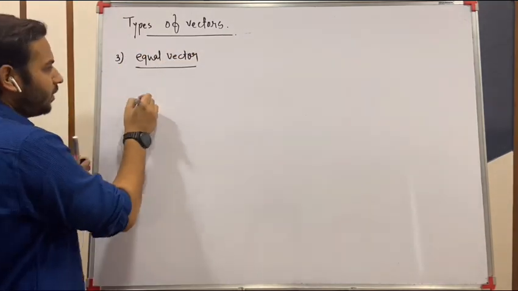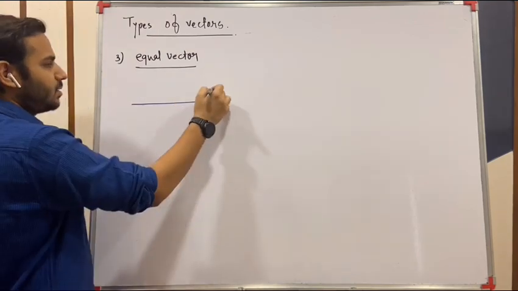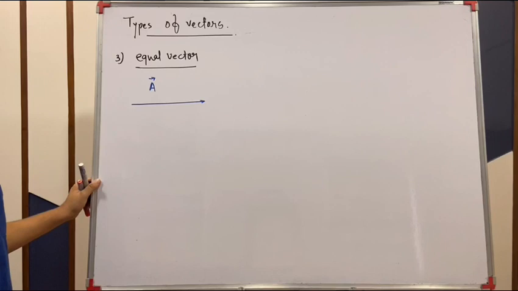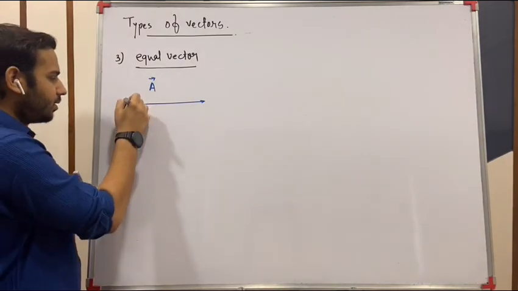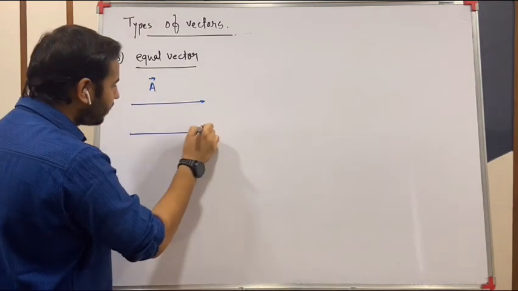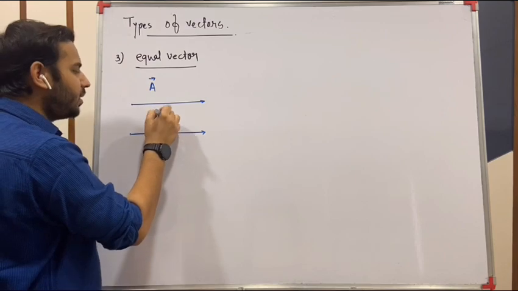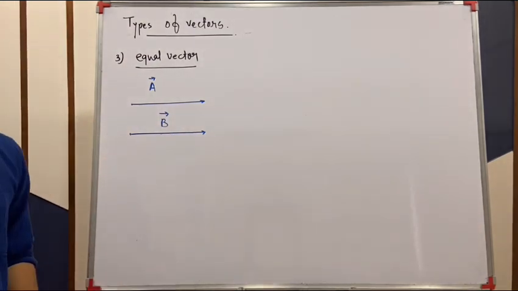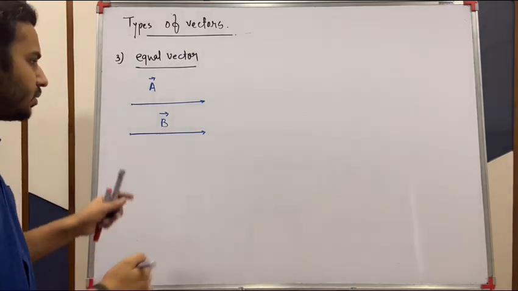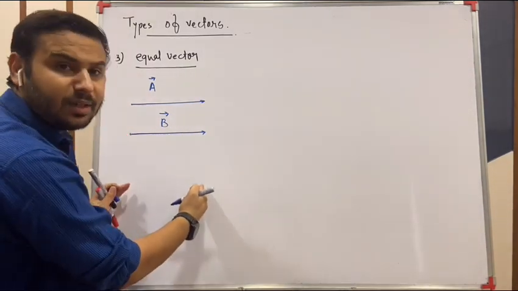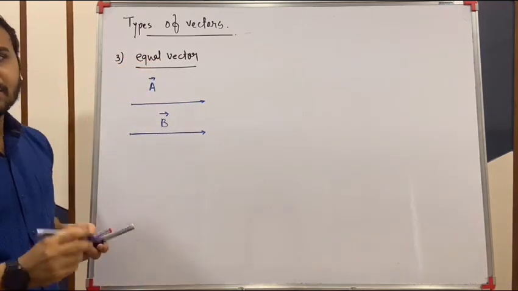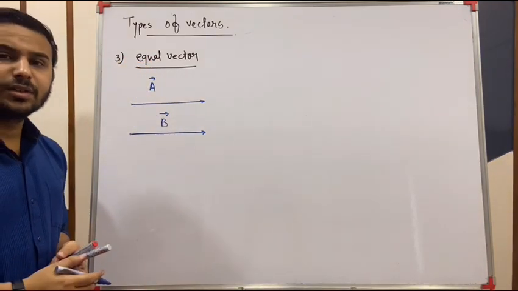Suppose this is vector A and this is vector B. Just look at these two vectors, vector A and vector B. These two are exactly equal in magnitude and parallel to each other. So directions are also the same and magnitude is also the same.